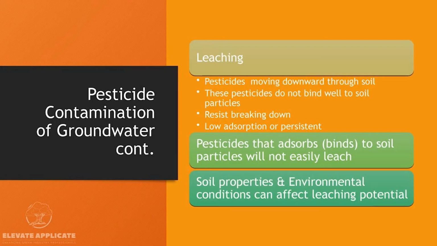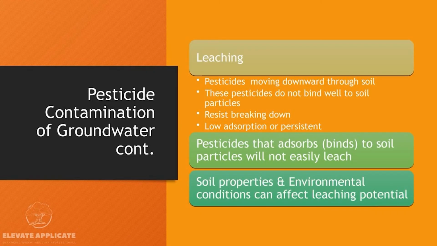A good example of that would be glyphosate. Glyphosate binds to soil very, very well. It's one of the top products recommended to be used in planting beds to treat weeds because once it touches soil, it's not moving. Unlike imazapyr, which moves a lot, and we do not want imazapyr out there in the world.